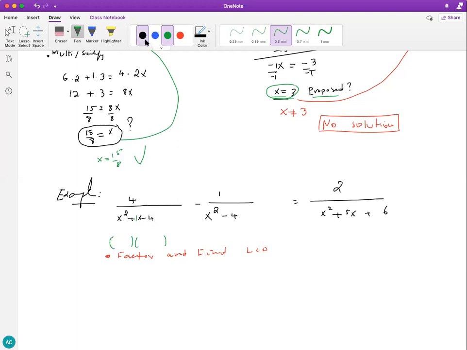I believe I made a mistake here. It should be a 6. Okay, two numbers that multiply to -6 and add up to 1 are 2 and 3, right? But what signs?